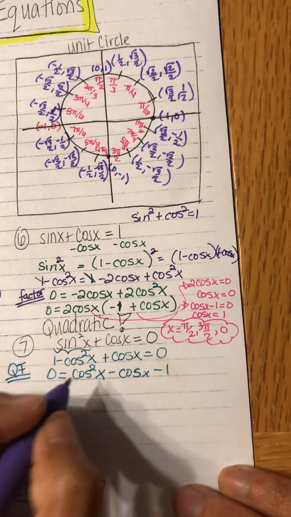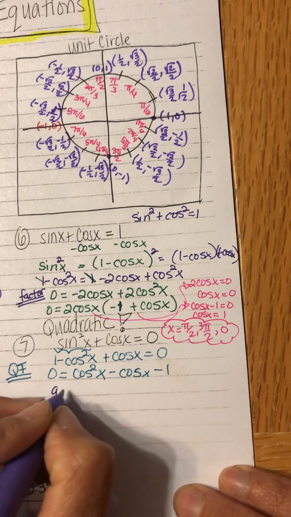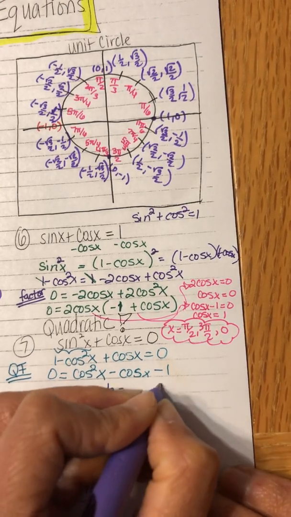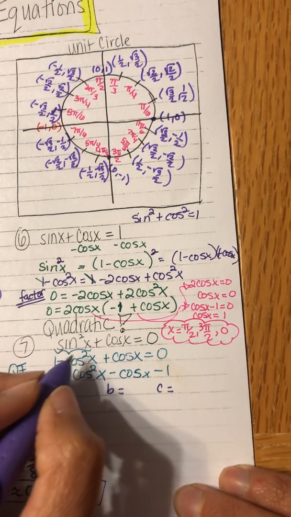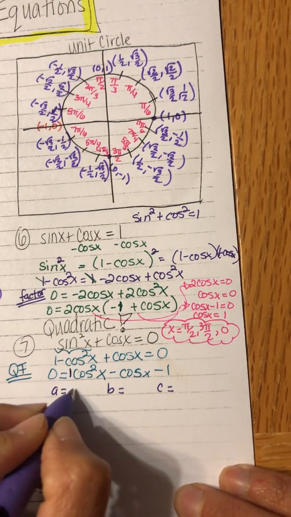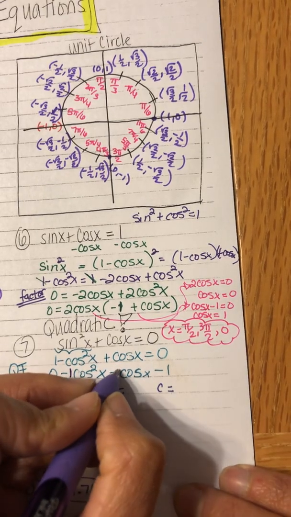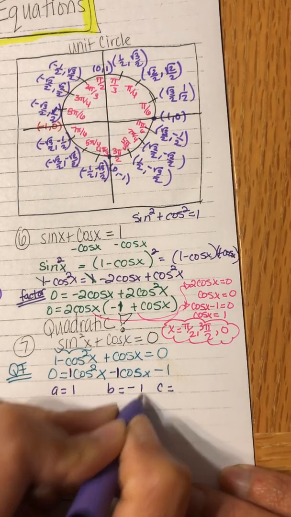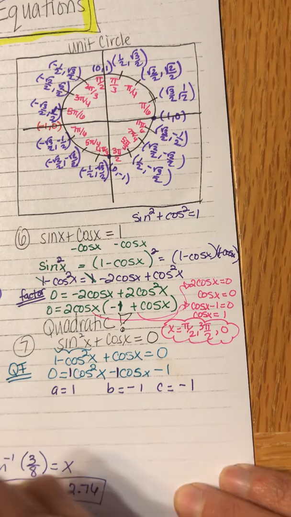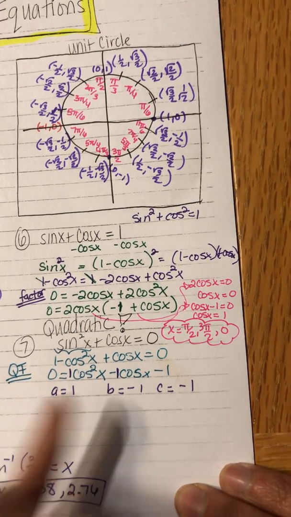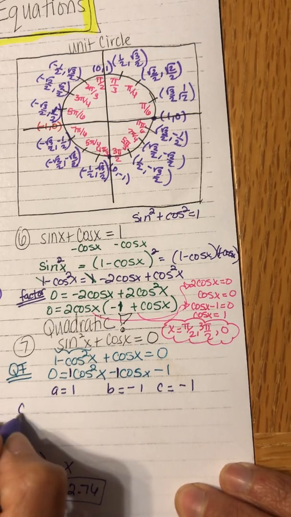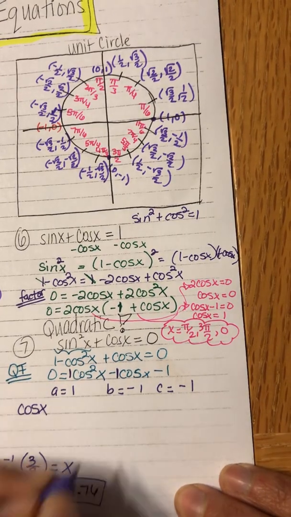The quadratic formula is where we have to identify the ABCs. The leading coefficient, the A value on the cosine squared, is an invisible 1. The coefficient on the cosine x is a negative 1. And the C value is a negative 1. So instead of x equals negative b, it's going to be cosine of x, because this is cosine.